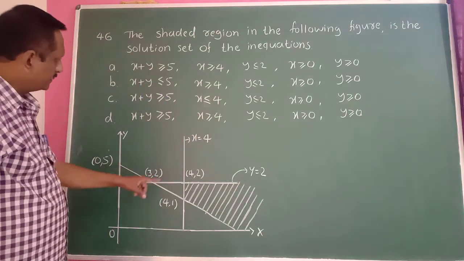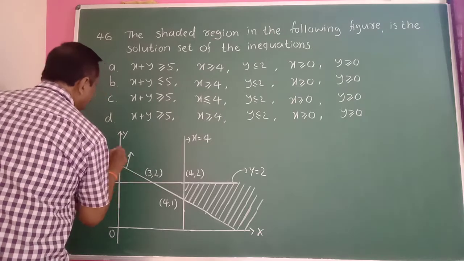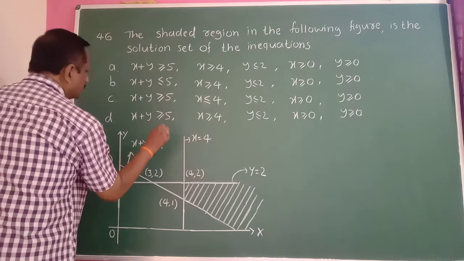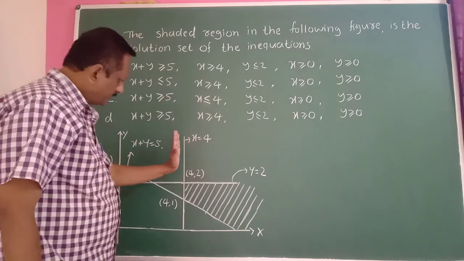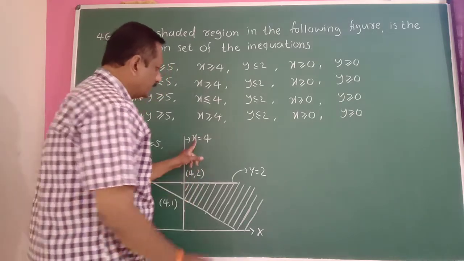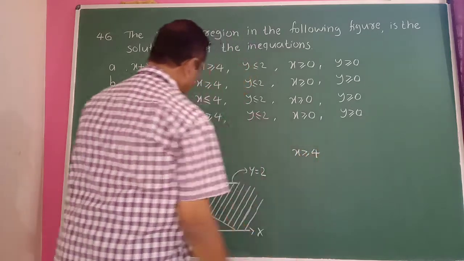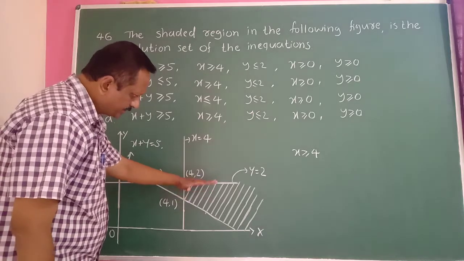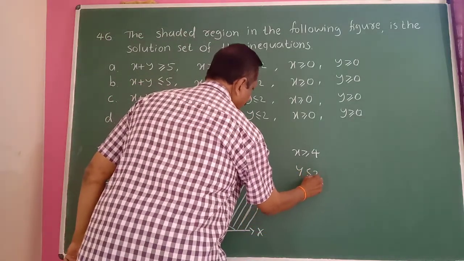And the equation of this line is x plus y is equal to 5. With that, observe the line shading is this side, therefore x is greater than or equal to 4. The shading is below, therefore y is less than or equal to 2.